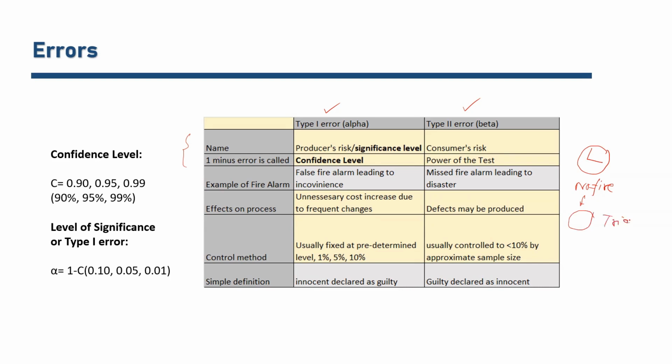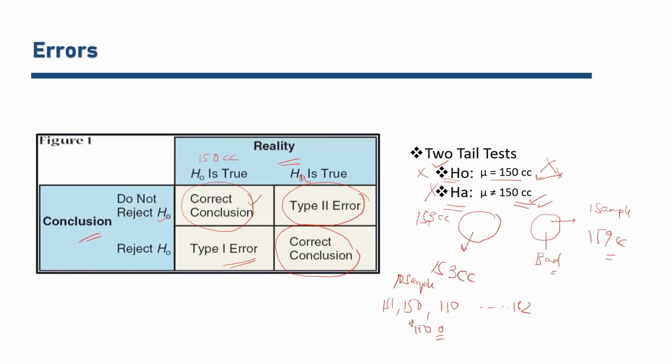So you got a false alarm and you have to evacuate your building. This is an example of type 1 error, where there was no fire. The H0 was true, but still you got an alarm, so you rejected the H0.